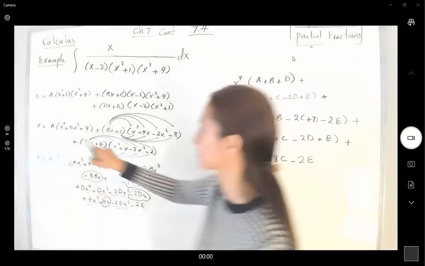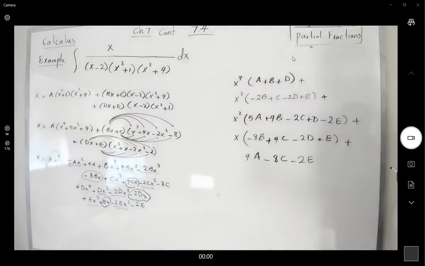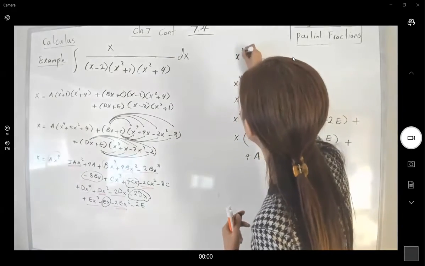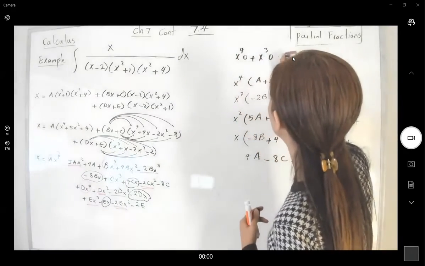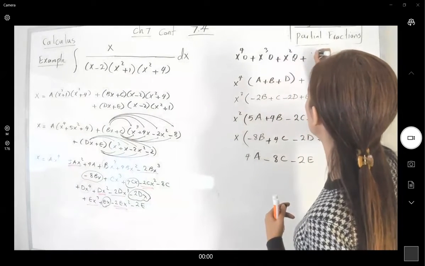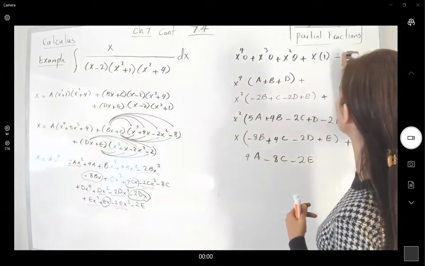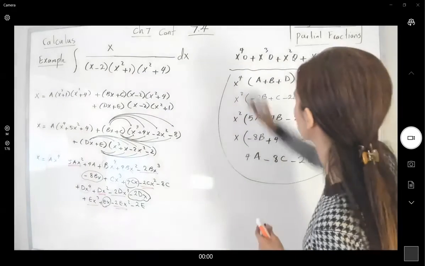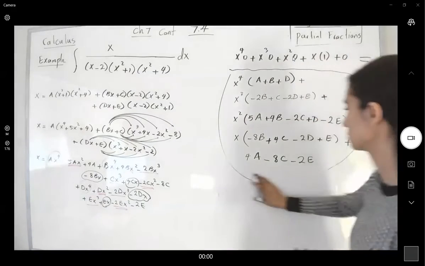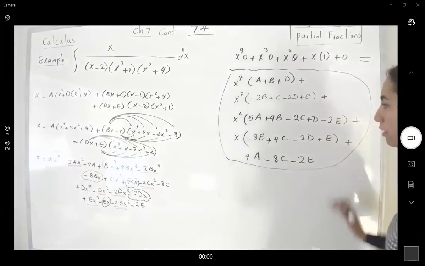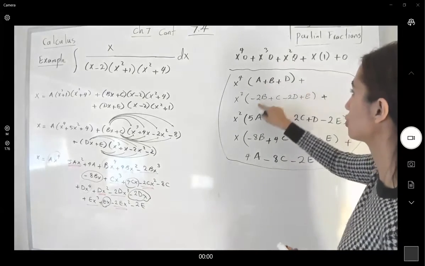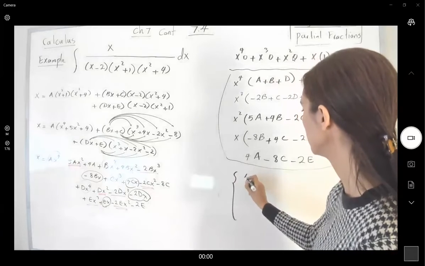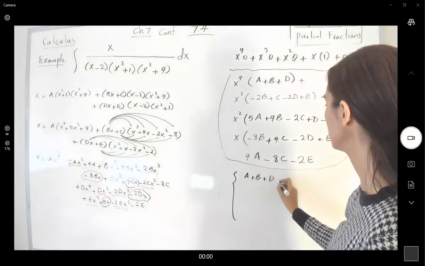This sum is equal to x. So you only have one x. It means that you have x to the 4th times 0, x to the 3rd times 0, x squared times 0, x times 1 plus your constant, which is equal to this sum here. So what's the meaning of that? It means that many of these coefficients, their sum, their combinations are equal to 0. So you can form this. A plus B plus D is 0.